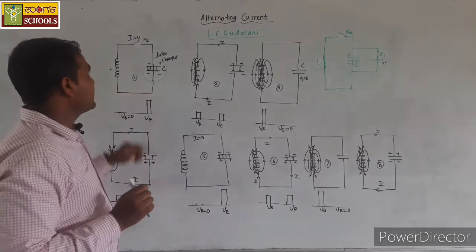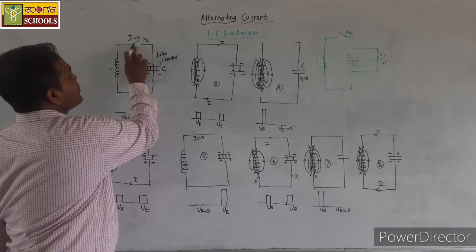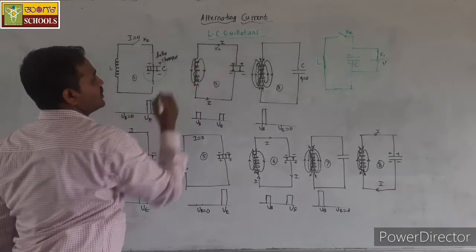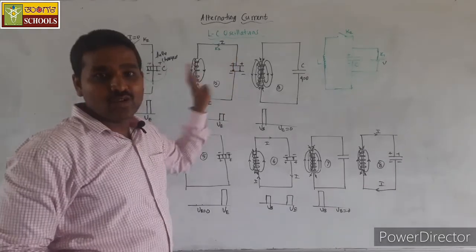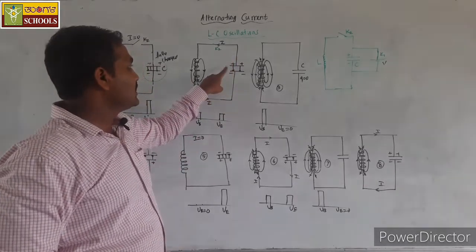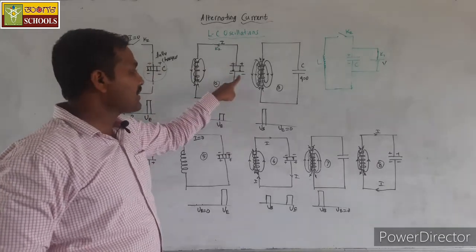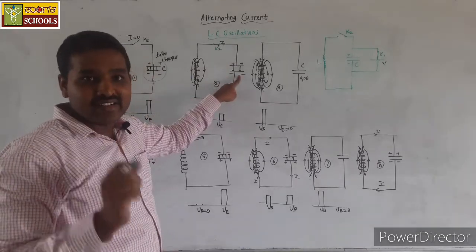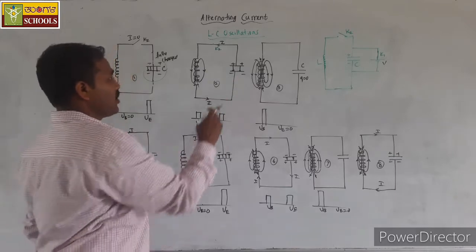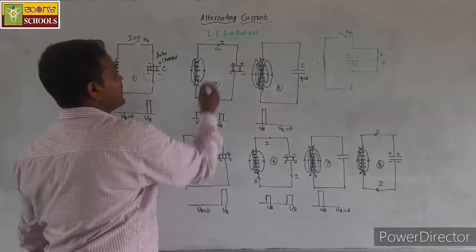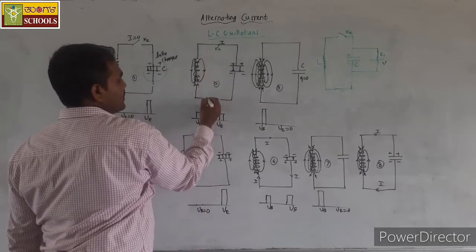Next, let us close this key K2. When the circuit is closed, there is current flowing through the circuit, and this capacitor starts getting discharged. There is flow of current from the capacitor through the inductor like this. This is the current flowing through the circuit.